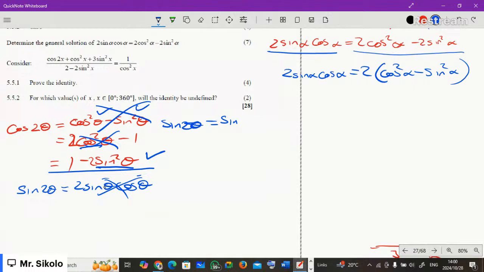So if I change this to the double angle, and that one as well, maybe my expression will be reduced and simplified a little. So 2 sine alpha cos alpha is the double angle of sine, so it will be sine 2 alpha, which is equal to, on this side we have cos squared alpha minus sine squared alpha, the double angle of cos, so cos 2 alpha.